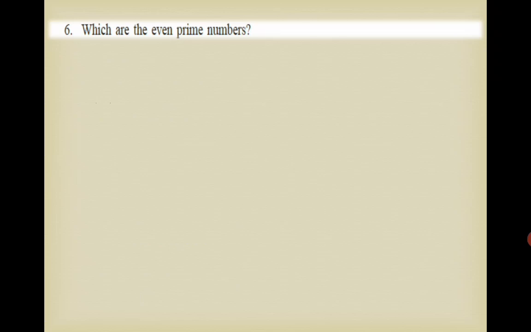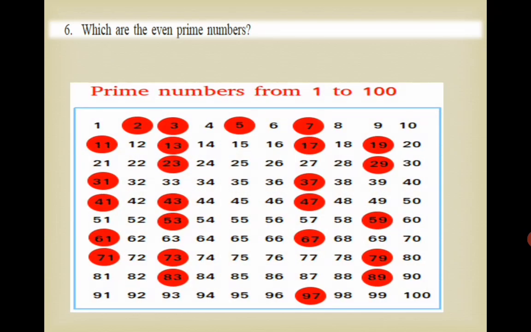And the last question, which are the even prime numbers? Okay, so here's the list of prime numbers. I'm going to find even numbers. The first number that I see is 2. Okay, 2 is an even number and it is also a prime number. Any other number that is an even prime number?